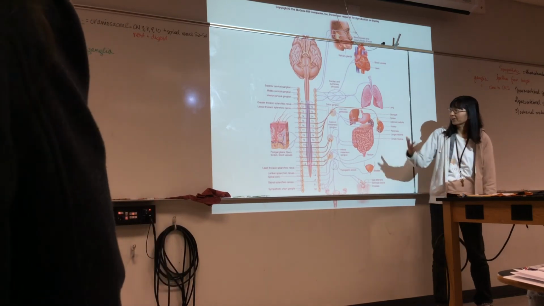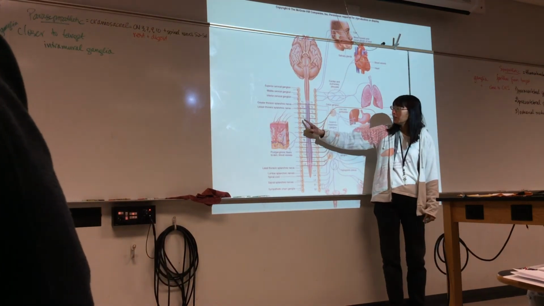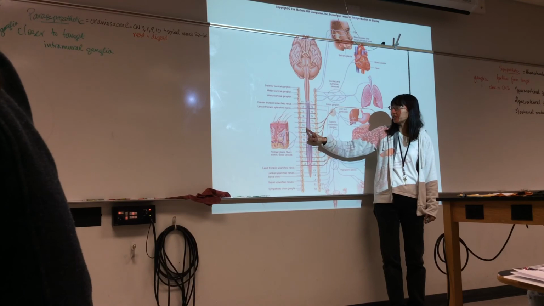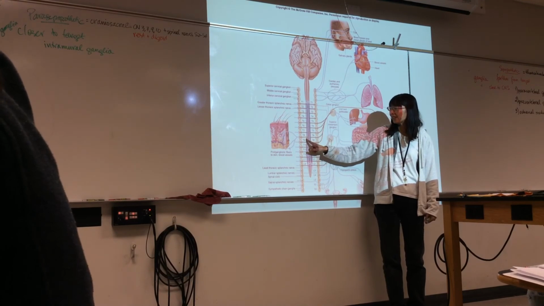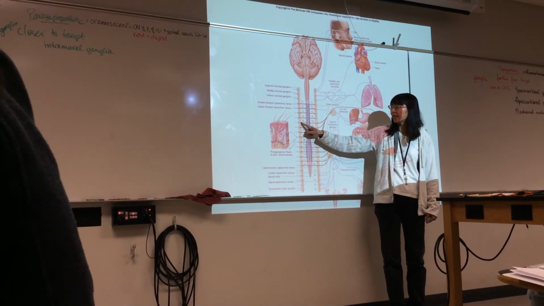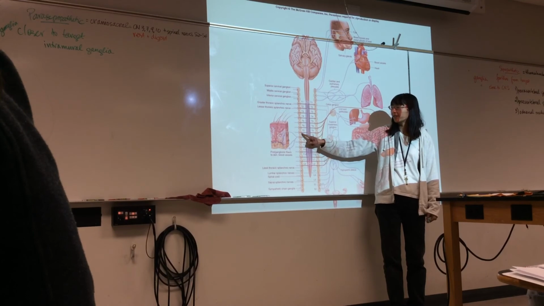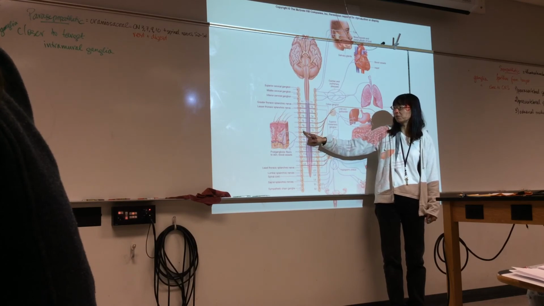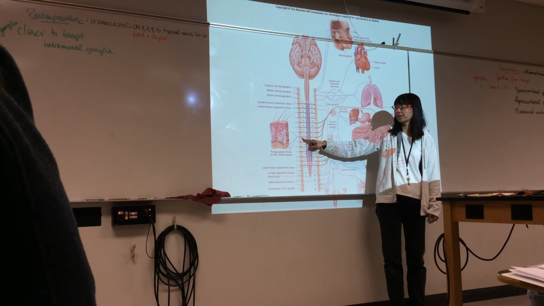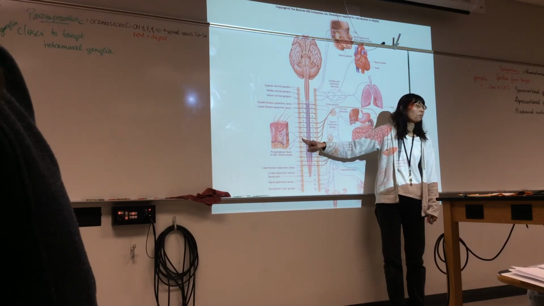Okay? All right, so let's follow here. So back to this example, T6, T5, T7, T8. Where do all these synapse? Right here. Where's the synapsing of these pre-ganglionic neurons? At the sympathetic trunk, agree?